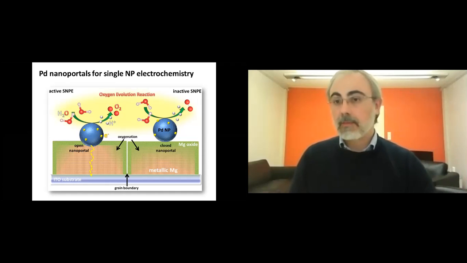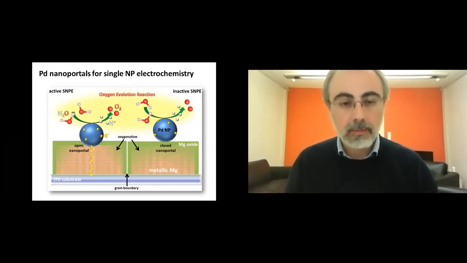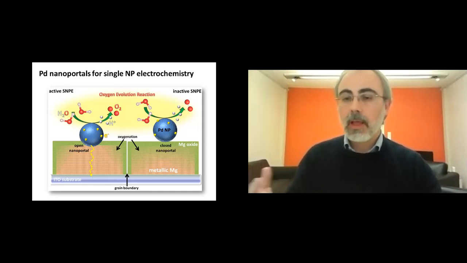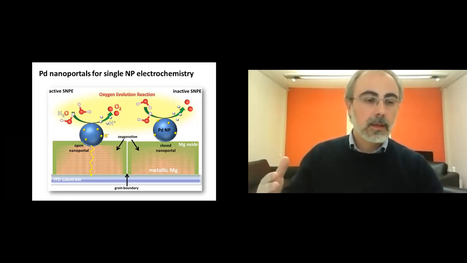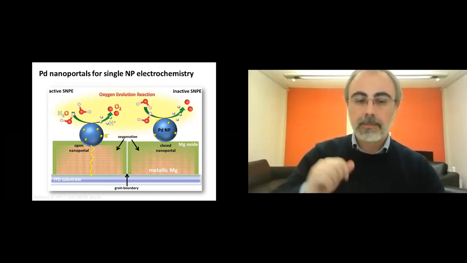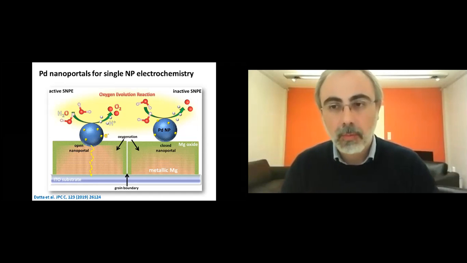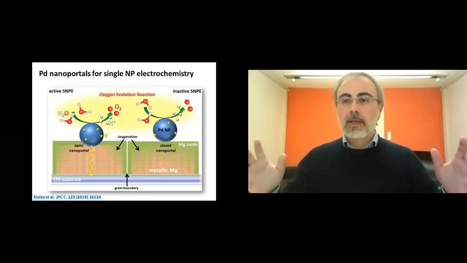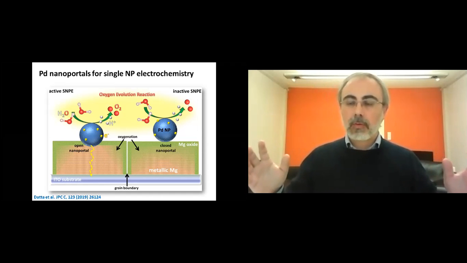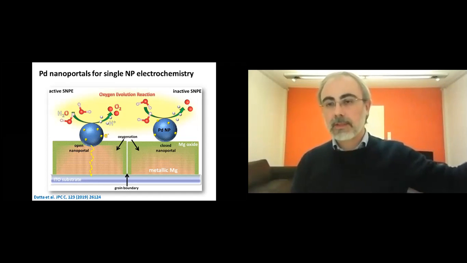And the main advantage is that you do your current measurement, and you get your signal. The signal that you get is derived from the ensemble of the overall film. So if you have, let's say, 50 open nanoportals, you get a signal which is based on each and every one of these electrodes.